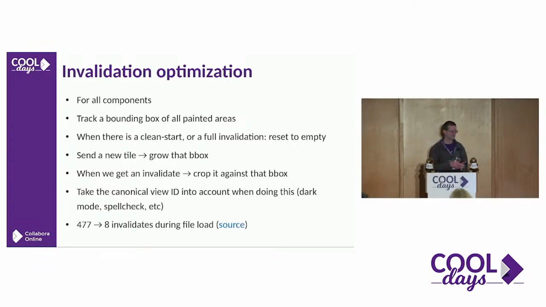And that helps a lot if you count the amount of invalidation protocol messages on a document load. Ideally this would be close to 0 because you did not change anything yet. So it should be a small number. And for, again, a larger document of multiple hundreds of pages, this was in the range of hundreds, and now it's less than 10. So that was a good improvement, I guess.